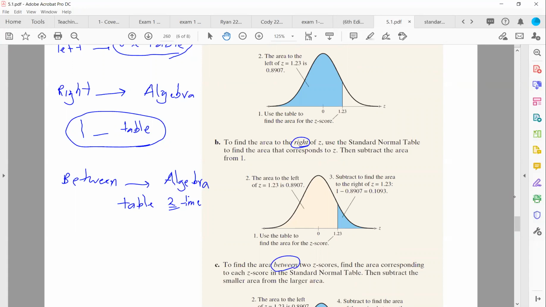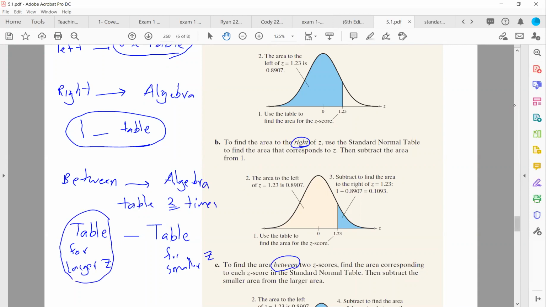So if it says in between 2 Z values, you have to find the first area from the table, minus the area for the second Z value: table for larger Z minus the table for smaller Z.